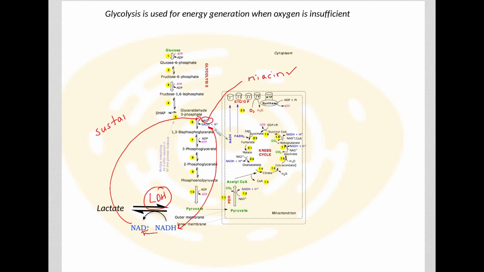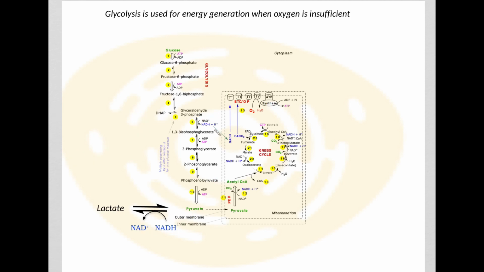The LDH reaction allows glycolysis to happen, making sure there is always enough NAD available so that glycolysis can continue and so that the cell can get its 2 ATPs per glucose.